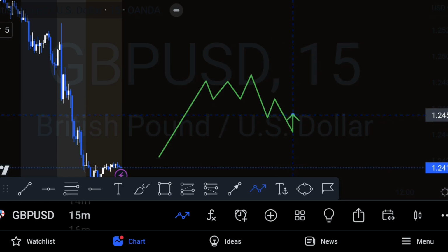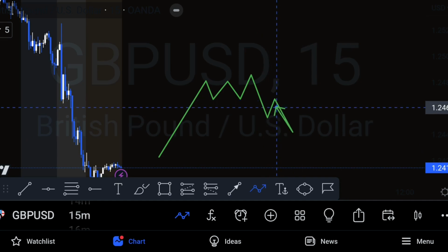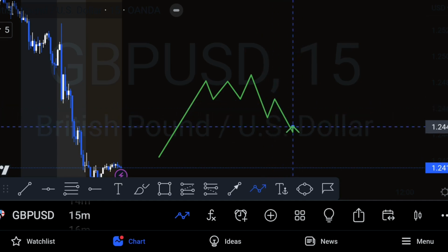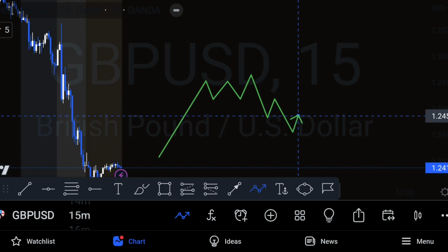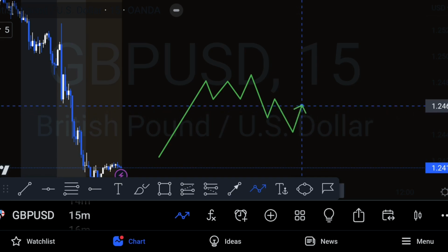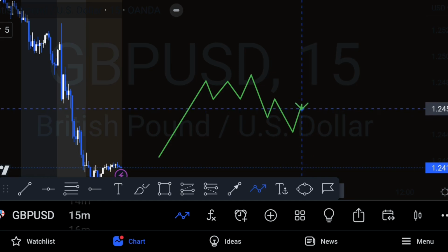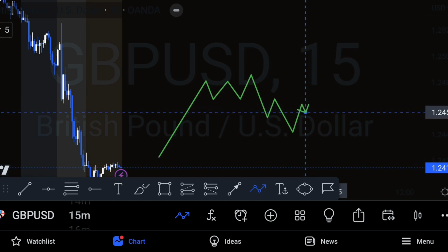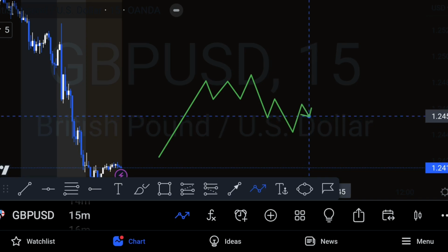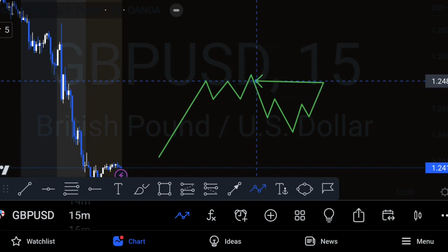So we have a supply zone right here and another supply zone right here. A lot of smart money traders will get caught up in the supply zone right here. This supply zone is basically to trap some smart money traders and take their stop loss, right? So when price comes back, it's going to react at this point and give a little reaction, like price wants to continue down, and eventually it's going to push up to the first supply zone.